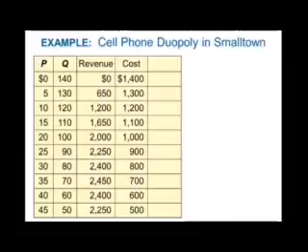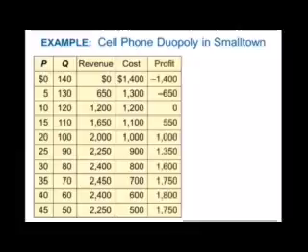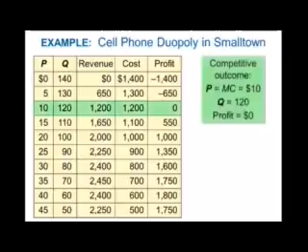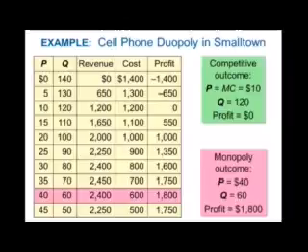Now, if we calculate the profit, which is revenue minus total cost, we find a different cost structure. Basically, if there was just 1 firm instead of 2 firms, the monopoly outcome should be $1,800, because that's the one that maximizes profits.